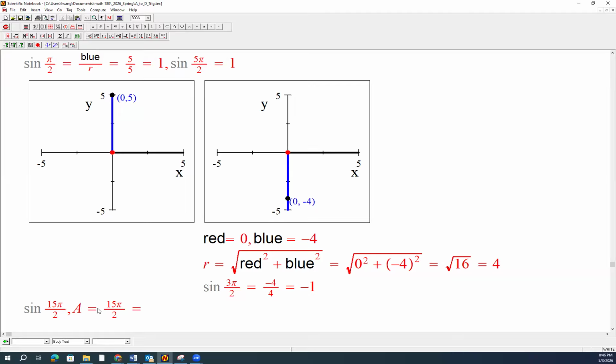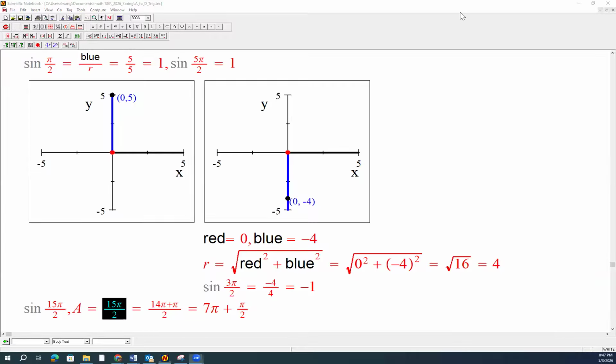So what I would do is split 15 pi over 2 into 14 pi over 2 plus pi over 2. That will make it a little bit easier to measure, because 14 divided by 2 is 7 pi, and then plus pi over 2. So measuring 7 pi plus pi over 2 is the same as measuring 15 pi over 2.